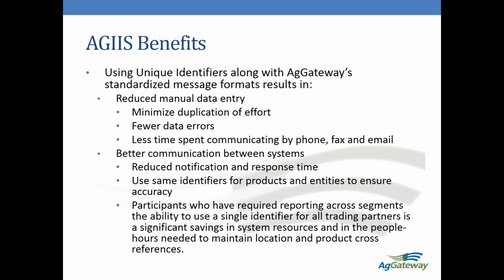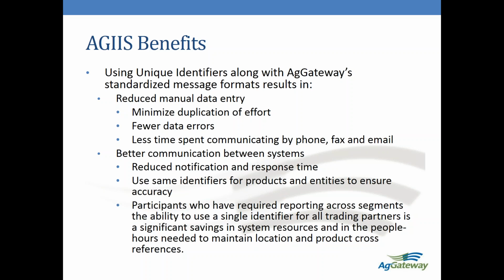As we get towards the end of this webinar, I always want to point out some of the benefits folks have recognized with having AGIIS within the agricultural industry for 10 plus years. One of the things is that using unique identifiers along with AgGateway standardized message formats results in reduced manual data entry, fewer data errors, minimized duplication of effort, and less time spent communicating by phone, fax, and email.